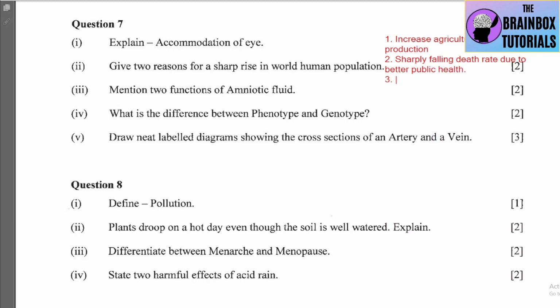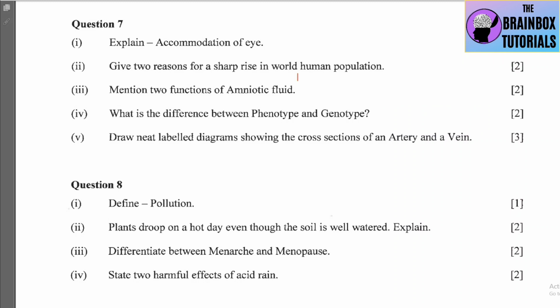You can also write this point that vaccines are available for fatal diseases, and also spread of education. So any 2 of them you could write, but it will be better to write 1 and 2, or 2 or 3 are also good.